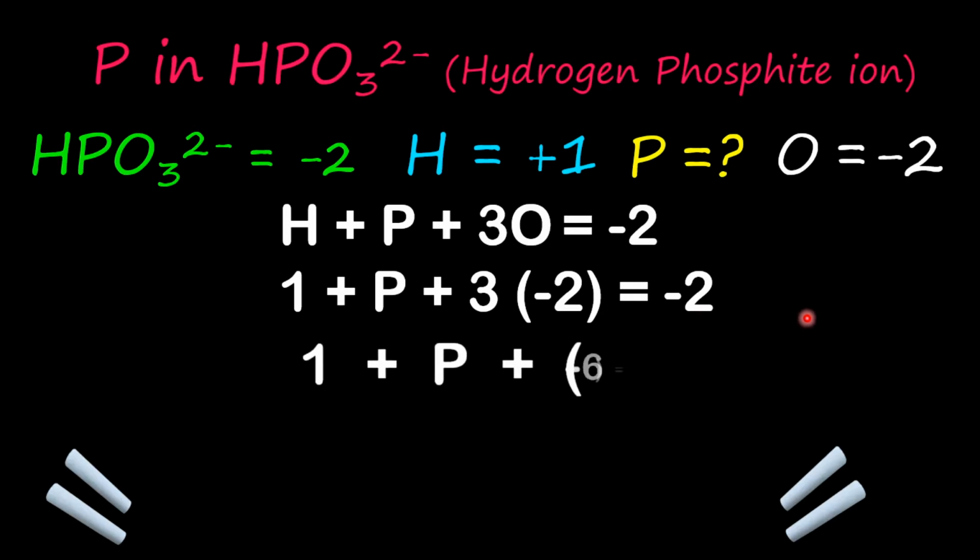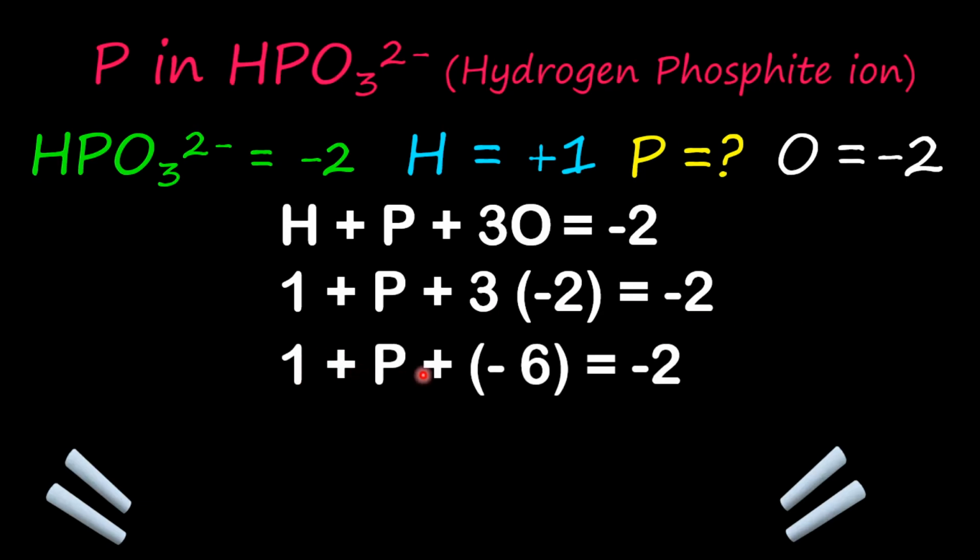So from this we can say 1 plus P plus -6 equal to -2. Now let's put our like terms together. So therefore we're going to put +1 with our -6. That will give us our -5. So therefore we can have P plus -5 equal to -2. Now let's bring our -5 over, which will become a positive number.